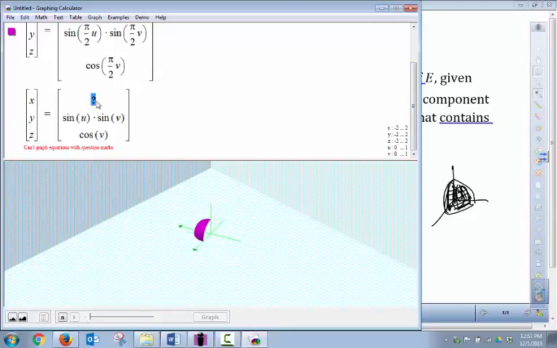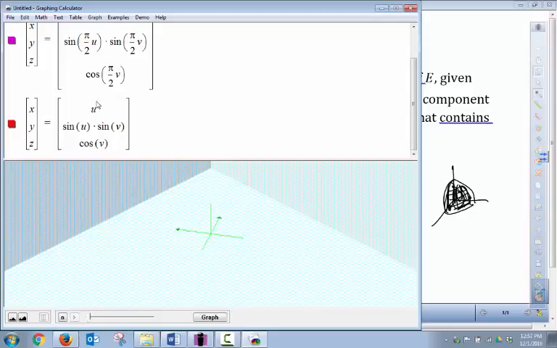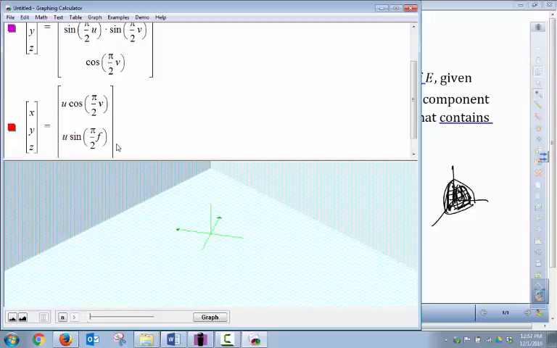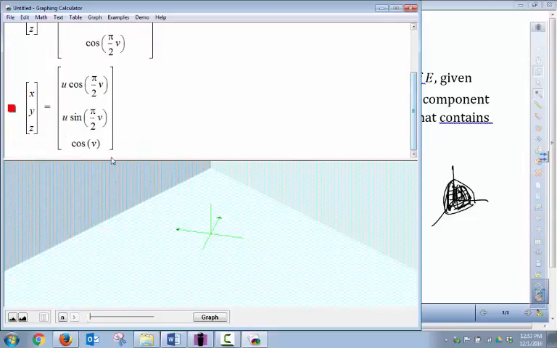And so here's another one. U cosine V, cosine pi over 2 V, U sine pi over 2 V, and this is just flat on the xy plane, so we'll call it 0.